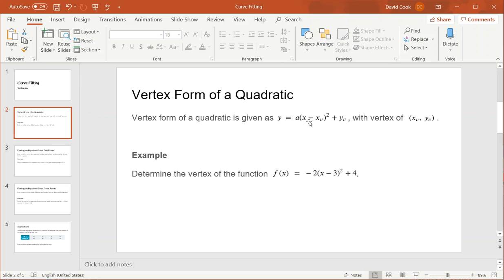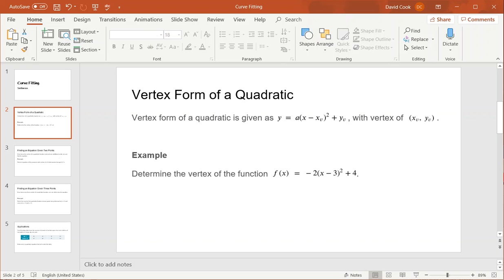Please note, we talked about this before, that it is x minus the x coordinate. If it's x minus the x coordinate, then that means the x coordinate for the vertex is going to be positive.